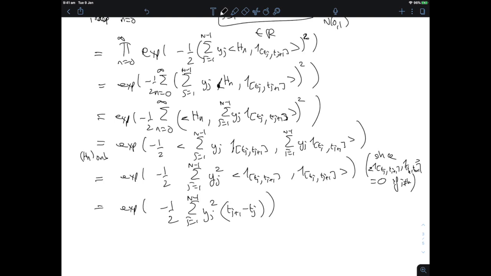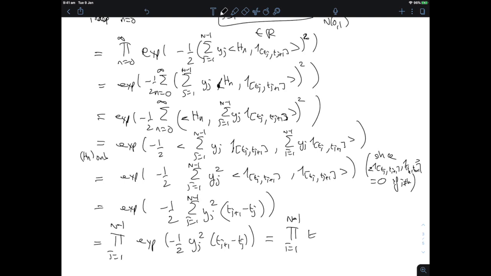Okay, so what have we got now? It's an exponential of a sum, and so I can write it as a product of exponentials, and that's exactly the product of the characteristic functions of an N(0, tj plus 1 minus tj) variable.